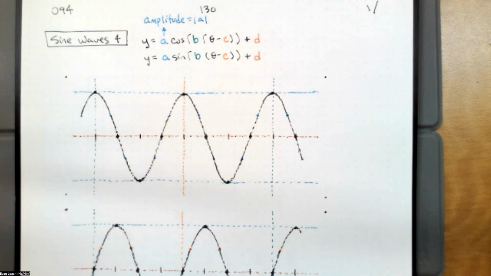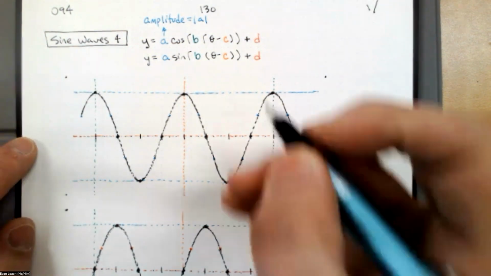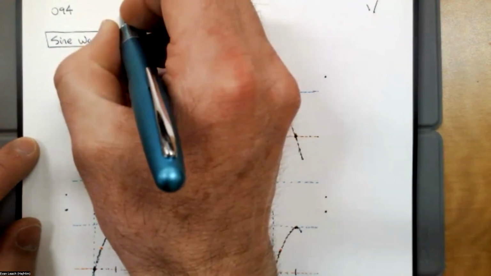The next number we run across is B. So amplitude is a vertical stretch. That's how we want to categorize that. Amplitude is A. This is a vertical stretch.